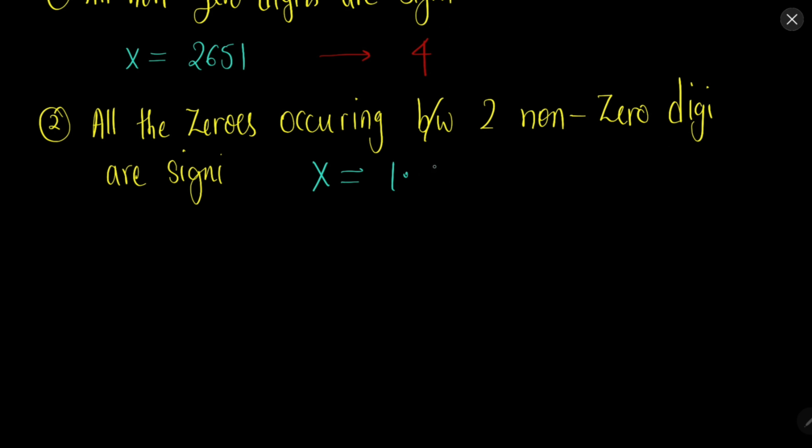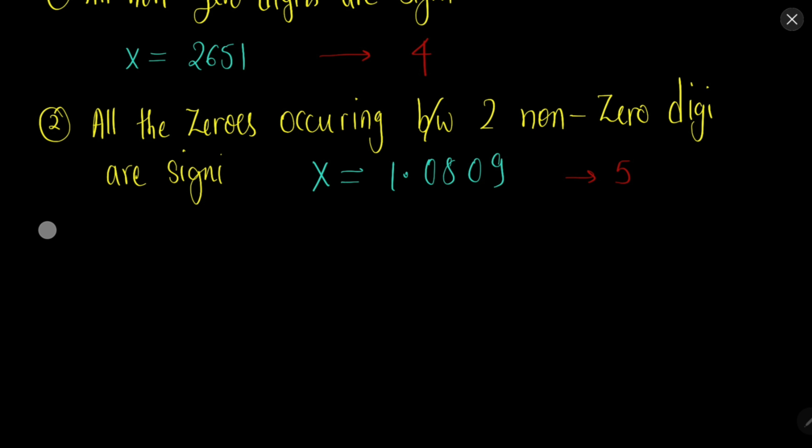Let's say x is 1.0809. Here 1, 8 and 9 are non-zero, so they are significant, but the zeros in between two non-zero digits are also significant. This 0 is between 1 and 8, this 0 is between 8 and 9. So all these zeros are significant. So how many do we have? We have 5 significant digits here.